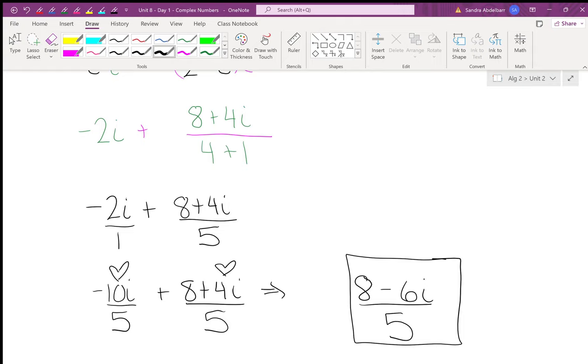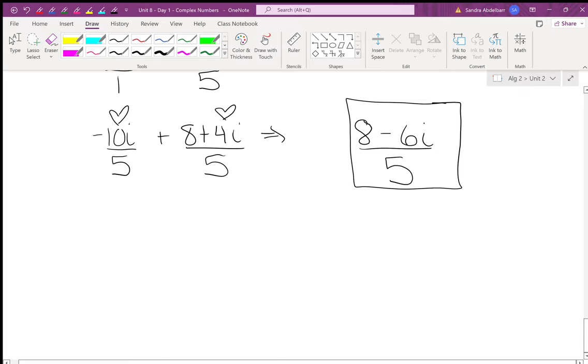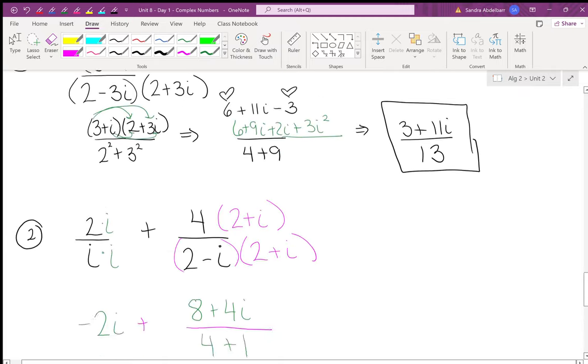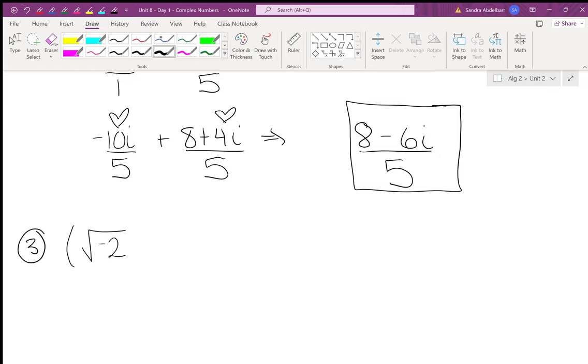All right, one more and then we're done. So let's say I have the root of -2 minus the root of -6, that whole quantity squared.